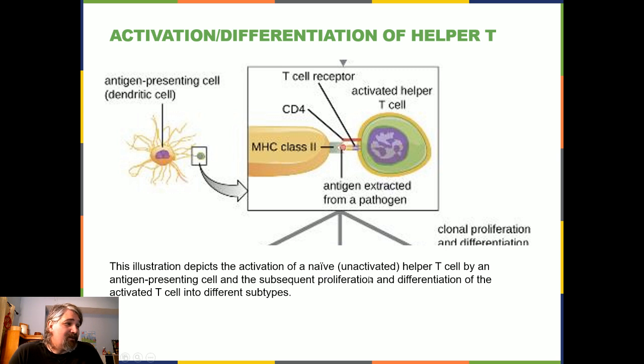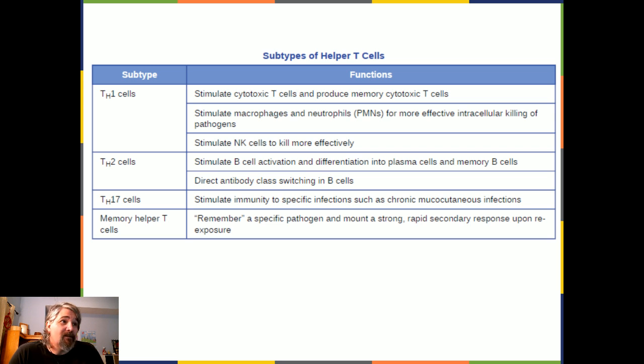So we have an unactivated helper T cell, or naive cell, that is activated by the APC, and then it will proliferate and differentiate into different subtypes, which are type 1, Th1 cells, which stimulate cytotoxic T cells and produce memory cytotoxic T cells. They will also stimulate macrophages and neutrophils for more effective intracellular killing of pathogens, and stimulate natural killer cells to kill more effectively.